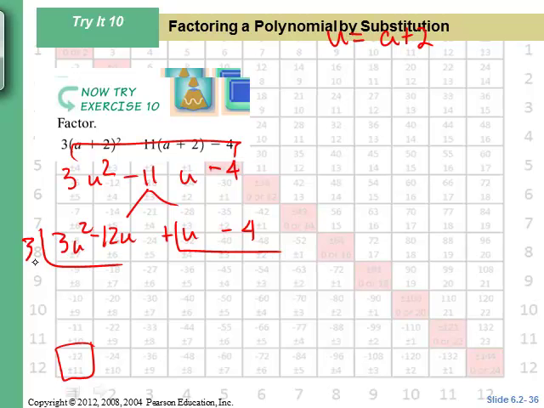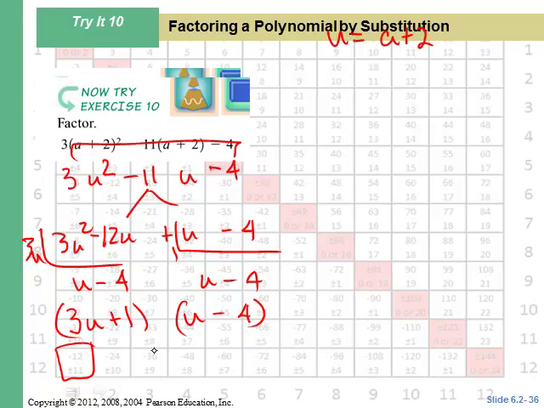Okay, so take a 3u out of the first one, so we're left with u minus 4. Take a 1 out of the second one, so we're left with u minus 4. So we have 3u plus 1 times u minus 4.